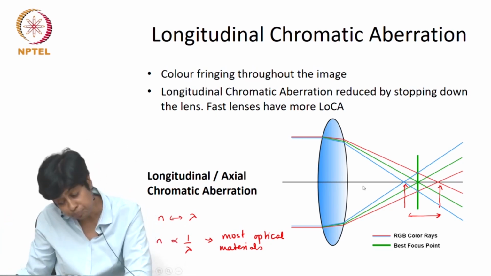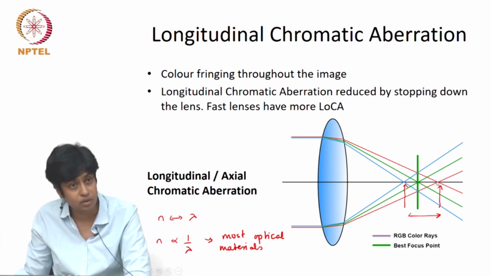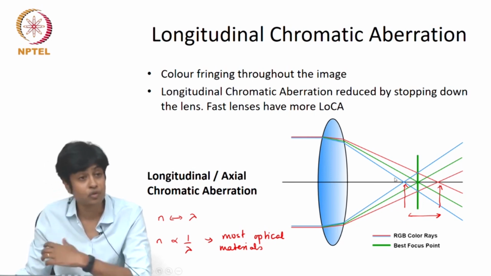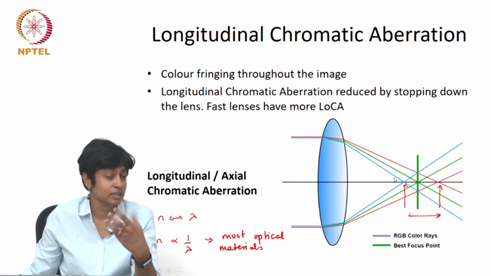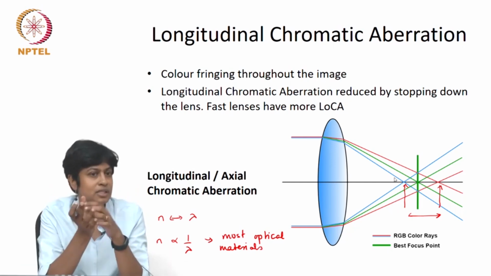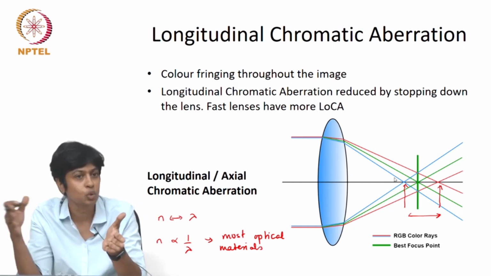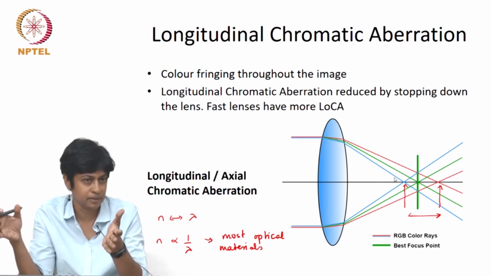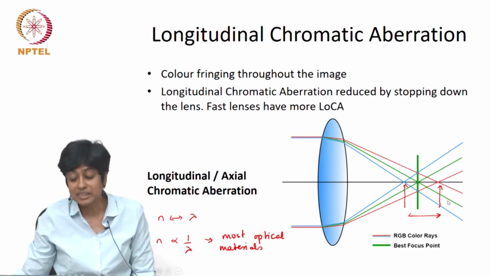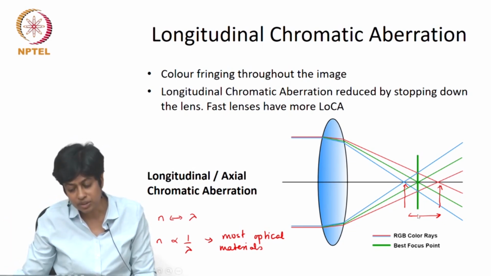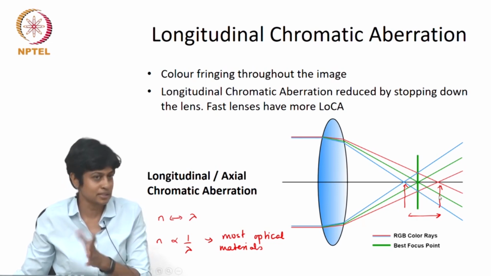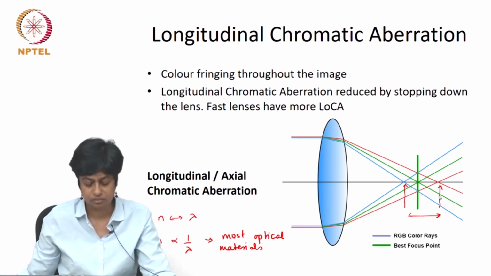Or I could push the image plane to where the red focus is, and then the blur is because of all the shorter wavelengths, right? So the overriding color that you see as a blur is going to depend on where you actually put the image plane. But you can see that the circle of least confusion is the central point, and that is typically where people will take their image.